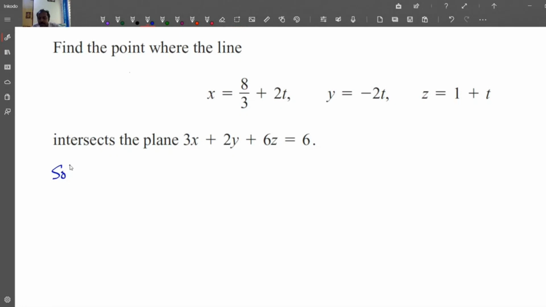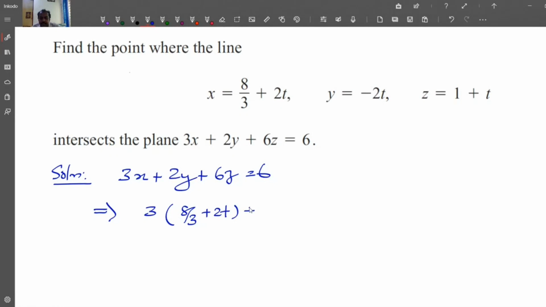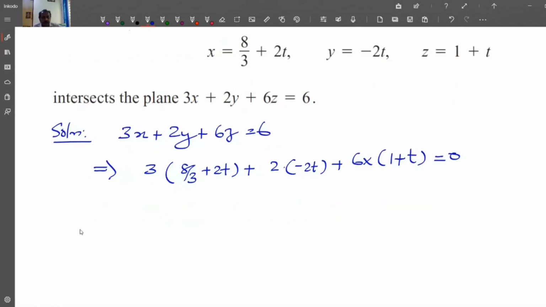So solution: 3x plus 2y plus 6z equal to 6 implies 3 into (8 by 3 plus 2t) plus 2 into (minus 2t) plus 6 into (1 plus t) is equal to 6. So this implies 8 plus 6t minus 4t plus 6 plus 6t.